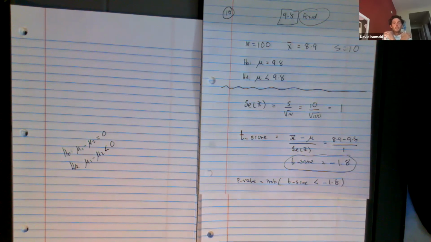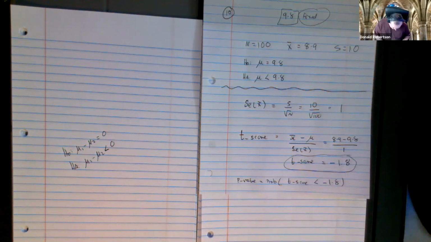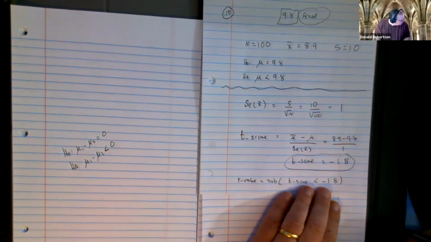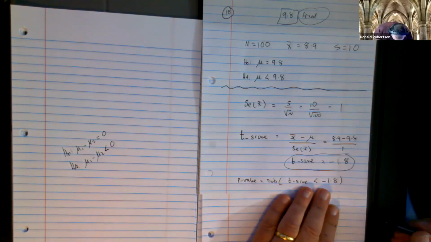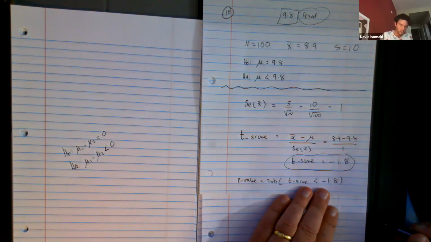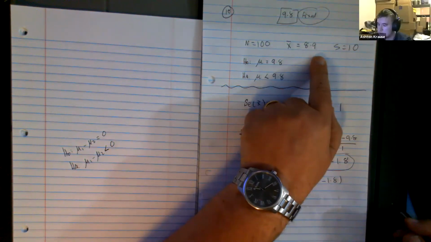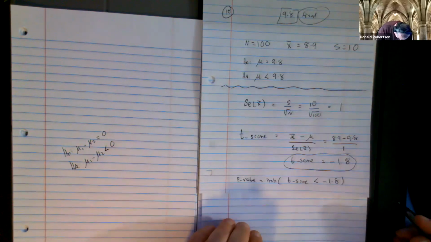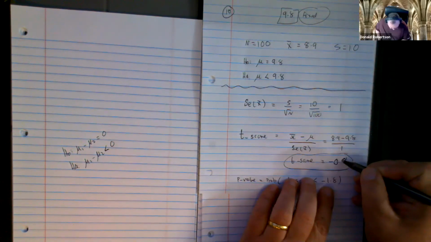How come it's negative 1.8? 8.9 take away 9.8 is negative 0.9. It isn't 1.8 at all. Should be half that, right? Yeah, it's negative 0.9. I can't count.